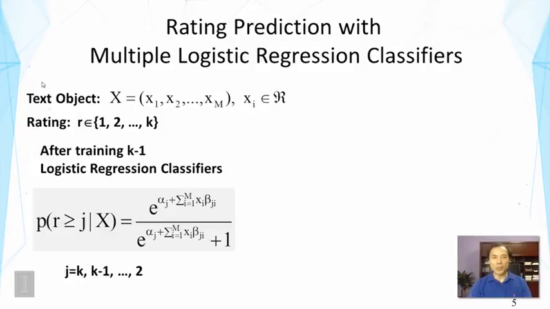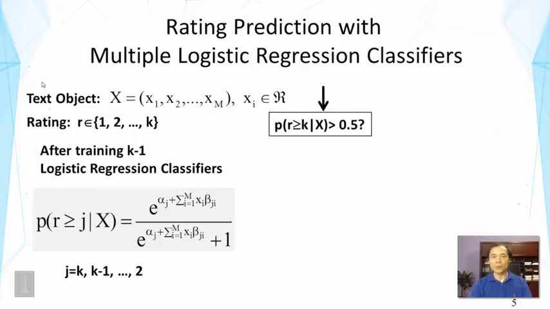After we have trained these k minus 1 logistic regression classifiers separately, of course, then we can take a new instance and invoke the classifiers sequentially to make the decision. So first, let's look at the classifier that corresponds to the level of rating k.